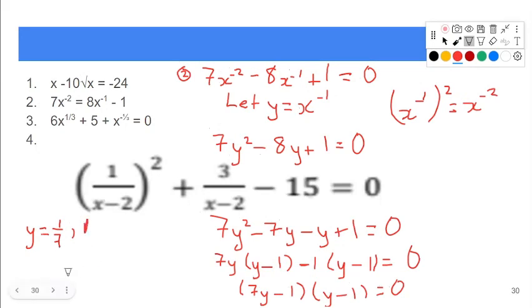And then from there to find x, we go back to here. So remember we let y equal to x to the power of -1. So what that means is x to the power of -1 is equal to 1/7.